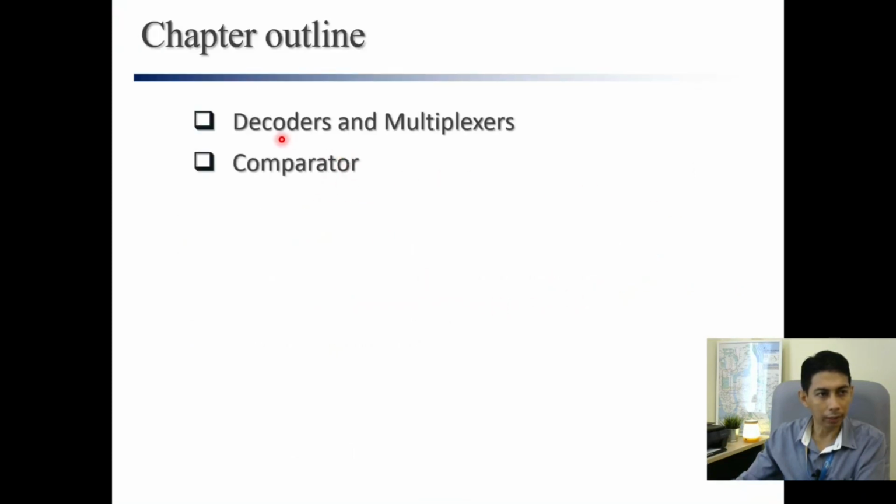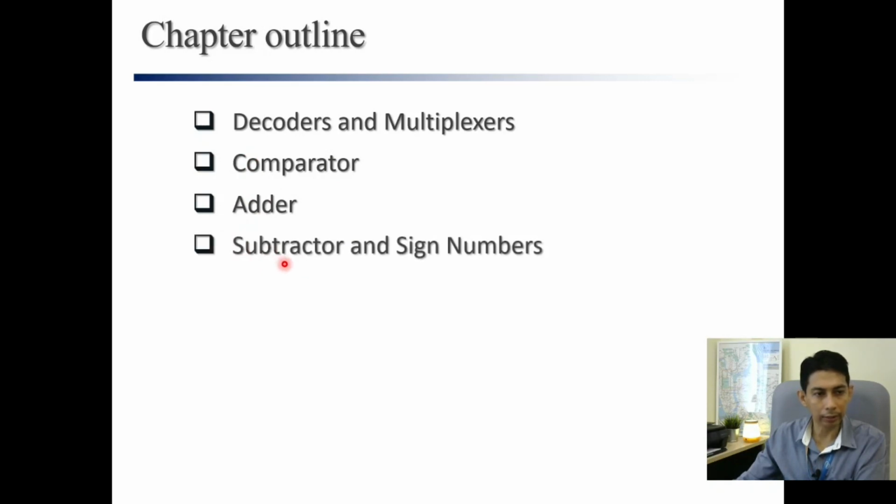We have looked at decoder, multiplexer, magnitude comparator already, and adder, also subtractor and signed number. Last week we also had an extra tutorial on designing the adder-subtractor circuit. I hope that tutorial will help you to understand the subject better.